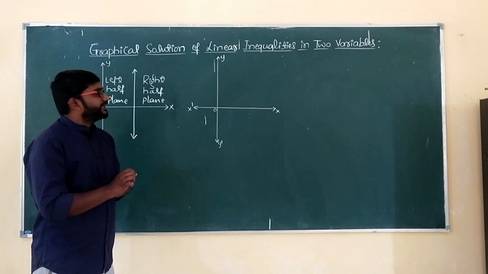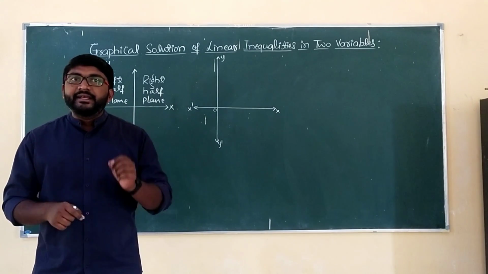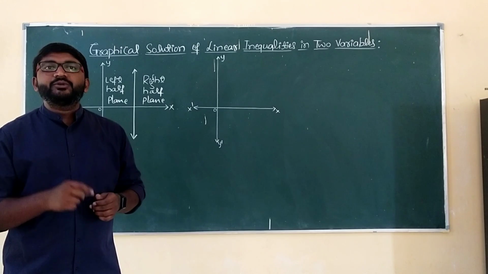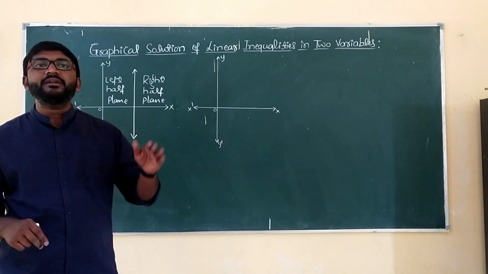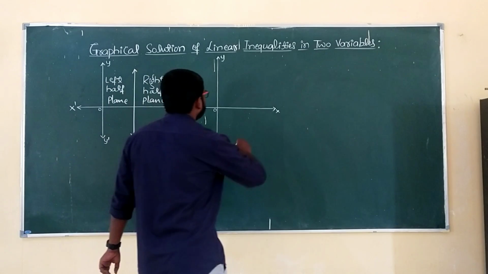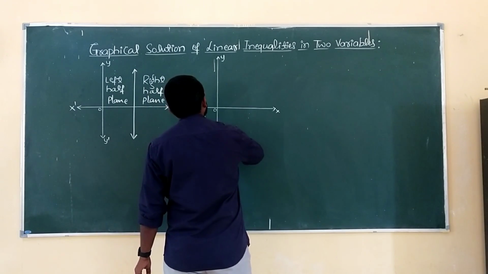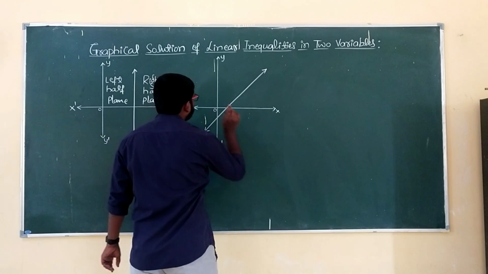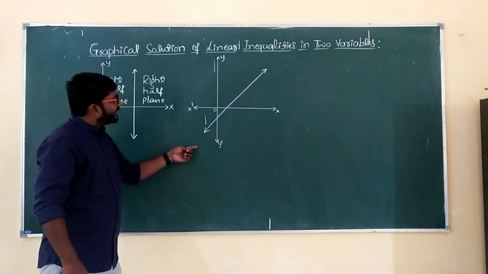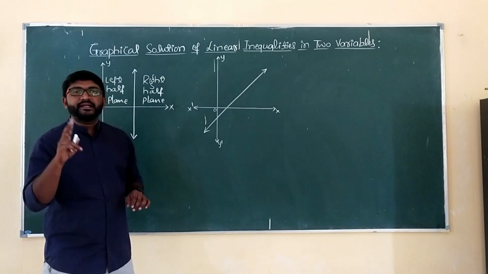And now if you consider the non-vertical line, it divides the Cartesian plane into two parts, and they are known as lower half plane and the upper half plane. So let us draw the non-vertical line here. So this is a non-vertical line, and this non-vertical line divides this Cartesian plane into two parts.